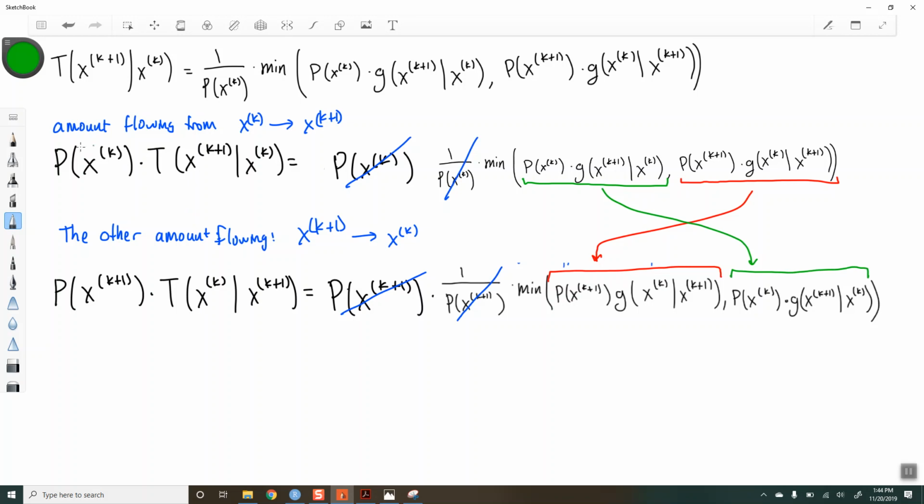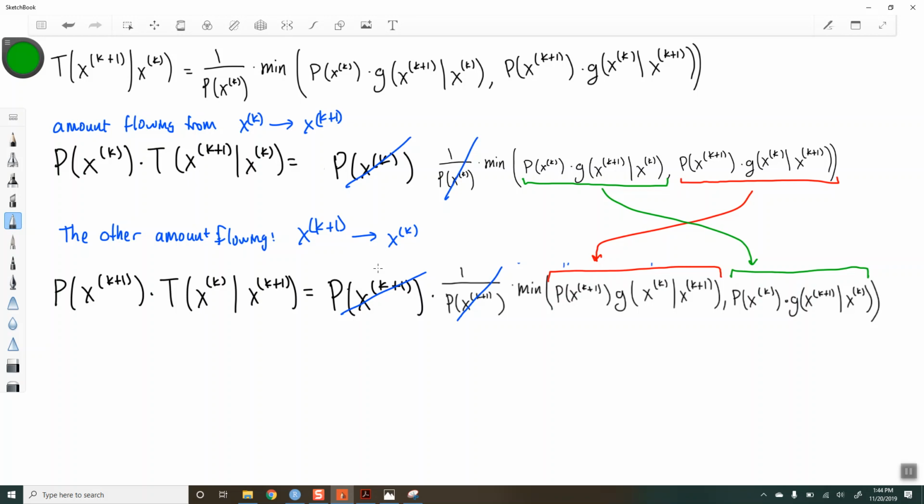So once you take your starting probability of being at xk or xk plus 1 and multiply it by the transition probability of moving to the other state, those two things are exactly equal.